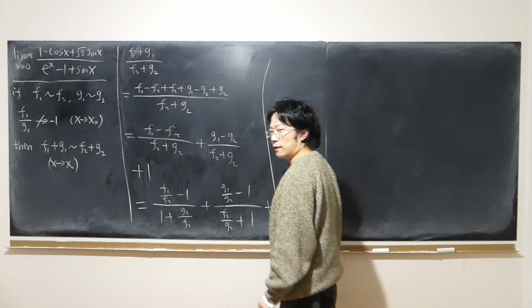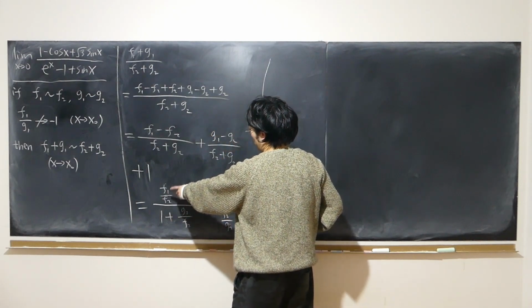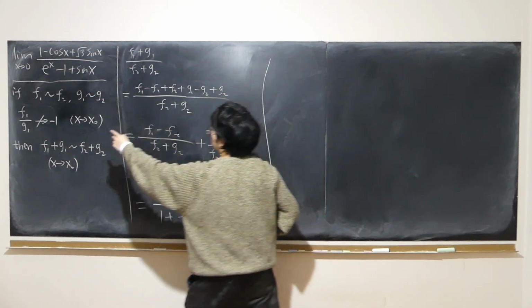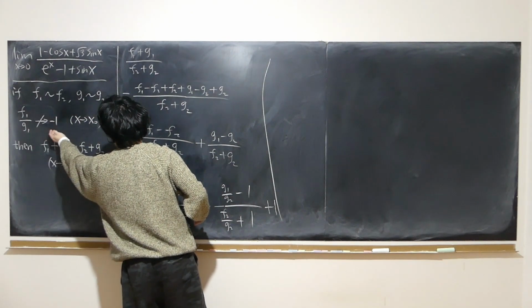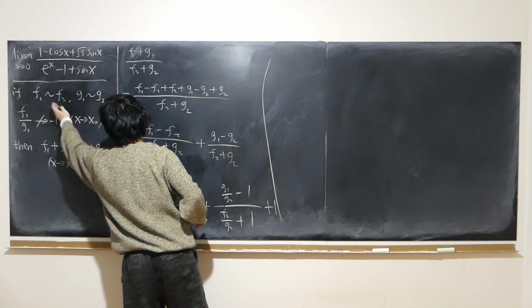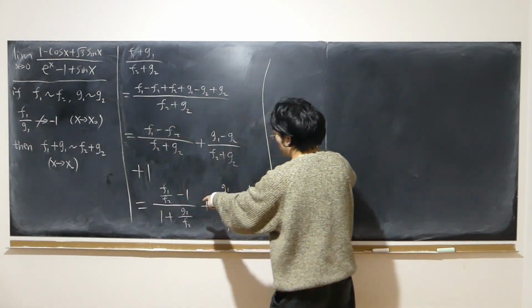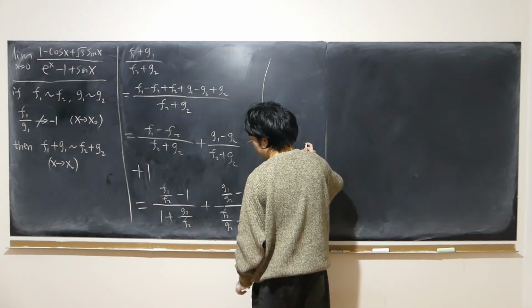So I realize that on the top I have f1 over f2. It's given to be approaching 1. So 1 minus 1, I have 0 on the top.